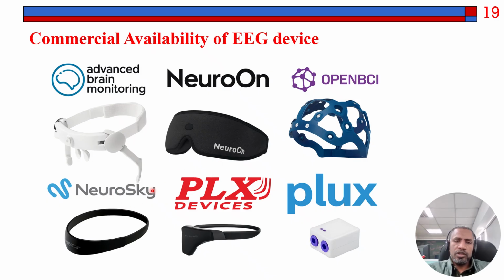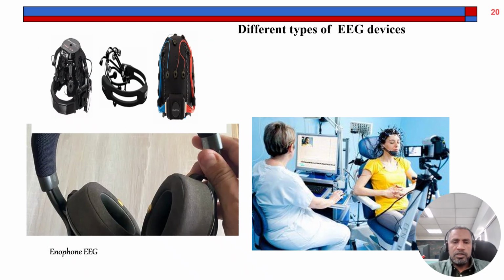Brand names include NeuroSky, Neuro, Emotiv, Muse, and Advanced Brain. They can be easily managed at home without requiring any help from physicians. These types of devices are especially for epilepsy patients, to diagnose different brain disorders.